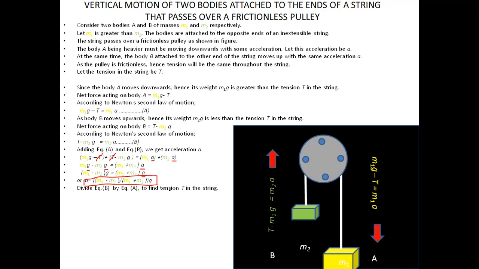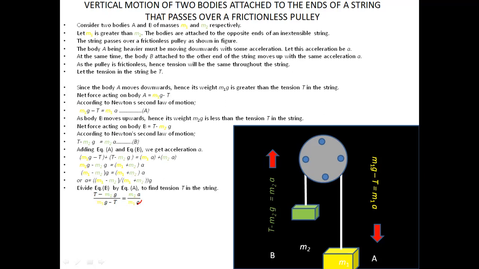Now to find the tension in the wire, we can divide equation B by equation A. So this is equation B and this is equation A. Dividing the two, equation B says T minus m2g, and equation A says m1g minus T, so the left hand side is T minus m2g divided by m1g minus T, which is equal to m2a divided by m1a on the right hand side.